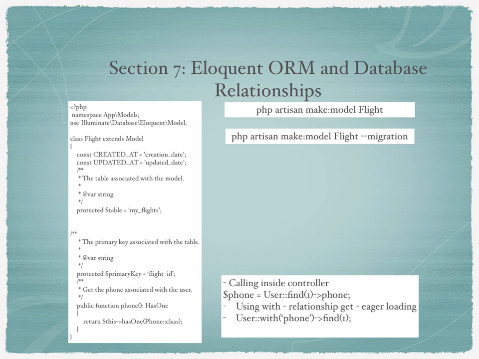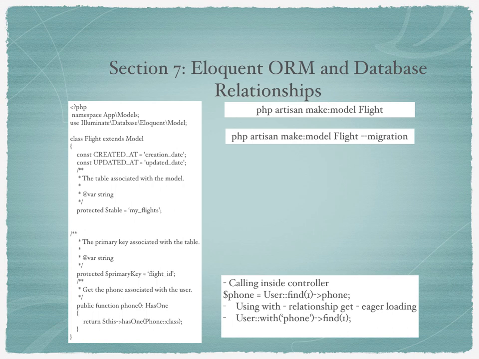So here, let's define one variable and then call the User model, and then find is the Eloquent query that will return a particular record. So User find, and then phone is also a relation, right, another table. Using with, yes, if we want to use this relationship, then we can also use with. If we use this with, then there are two advantages.